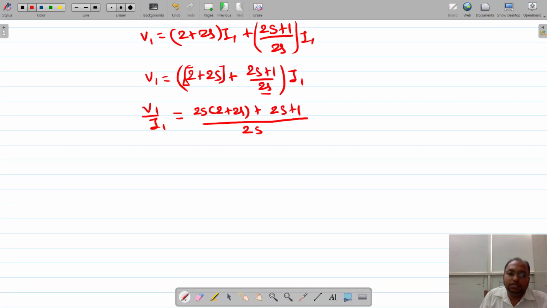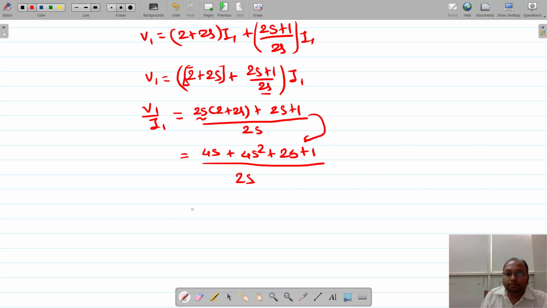Now let us do this rearrangement and simplify: 4s plus 4s square plus the remaining 2s plus 1. We have simply multiplied this 2s inside the bracket and the remaining term we have written over here. Is that fine? And it is divided by 2s.